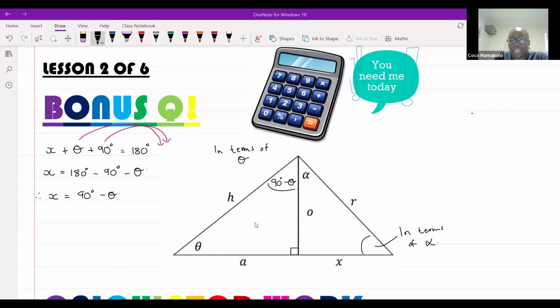Now, think of this exact idea and tell me what this angle down here is going to equal. What is this angle over here going to be equal to, guys? Remember, this is alpha, the symbol over here.